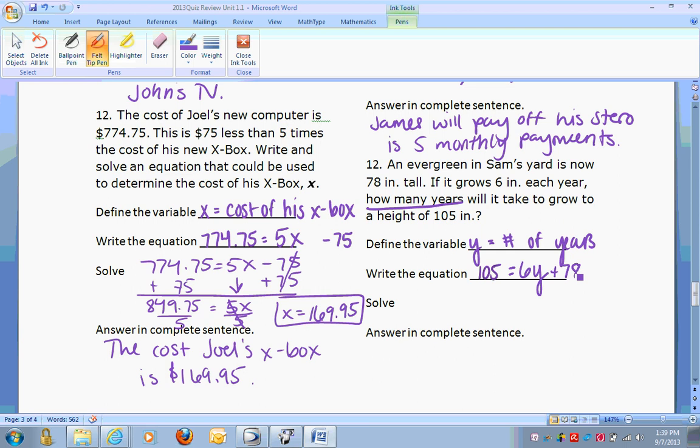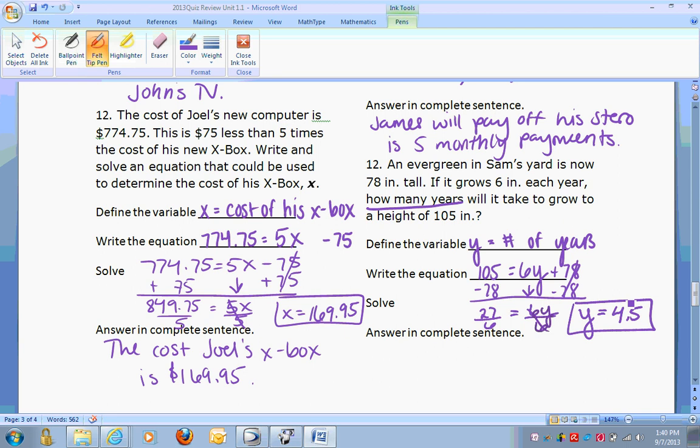And now we need to solve. So I'm going to subtract 78 from both sides. I end up with 6y equals, I'll rewrite it the proper way, 105 minus 78 is 27, and then I bring down my 6y. I divide by 6, so y equals 4.5 years.